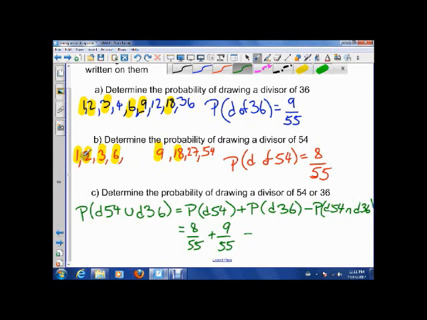So I have to subtract off 1, 2, 3, 4, 5, 6 out of 55, because 6 of these and 6 of these are the same. So I just want to count them once. So 8 plus 9 minus 6 is 11 out of 55, which we can reduce to 1/5. So that means that we have a 1/5 chance of drawing a divisor of 54 or 36.